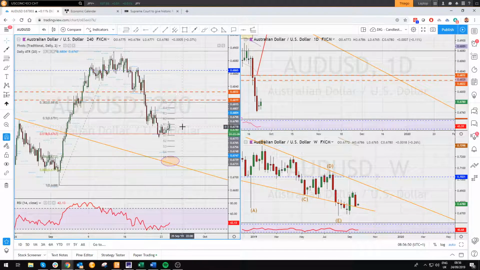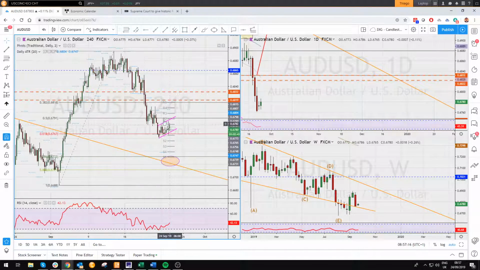So that's something that is very interesting. But at the same time, you need extra confirmation of that, and still we don't have that. And the dangerous thing is that as long as it remains in here, it looks a little bit like a channel. At least not a flag, in my view, because of this. What happened here? I don't call this a flag, but a channel.